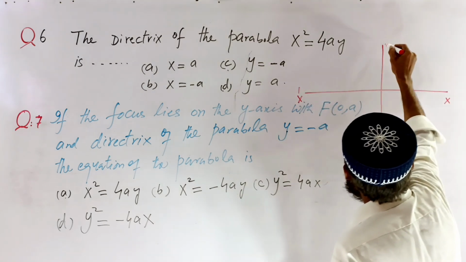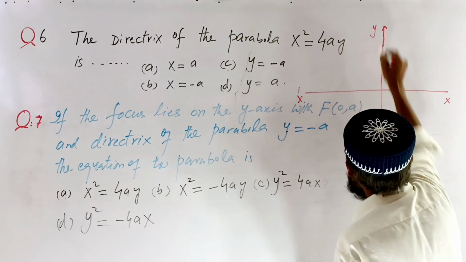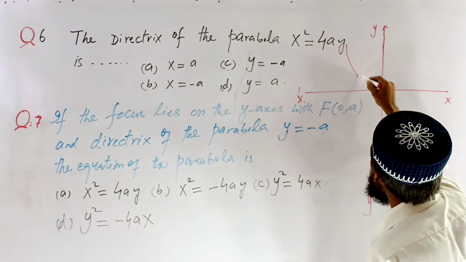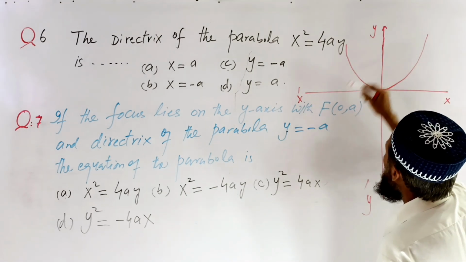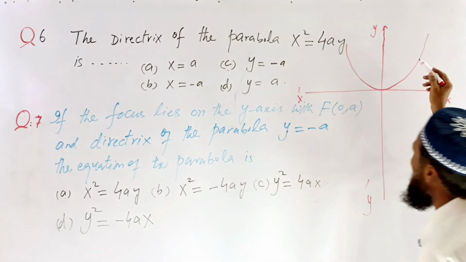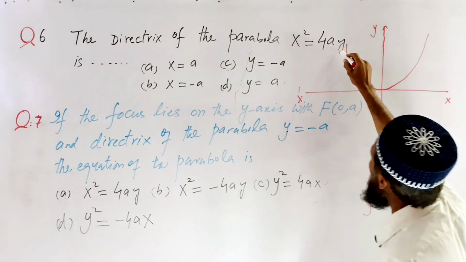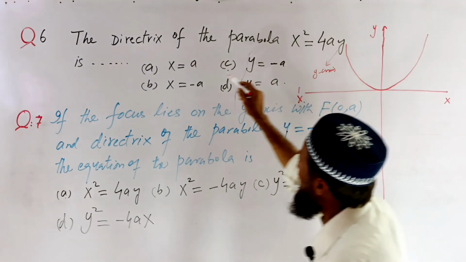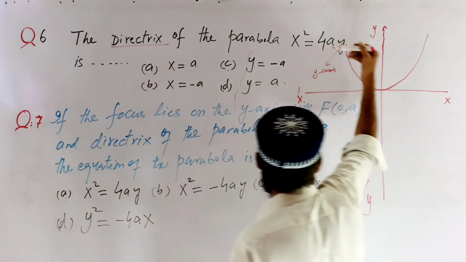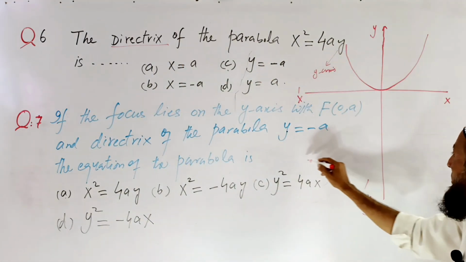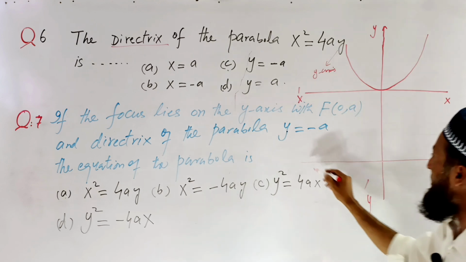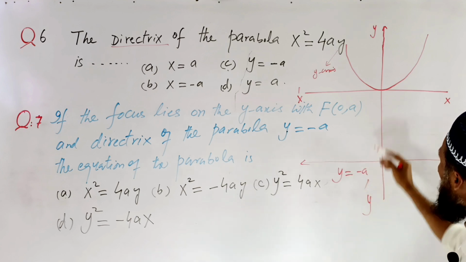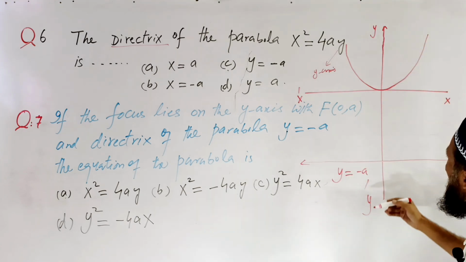Here the parabola's vertex is 0, 0. The parabola is along the y-axis, so the directrix must be on the opposite side of the parabola. The directrix is y is equal to minus a, because here are positive values and here are negative values.